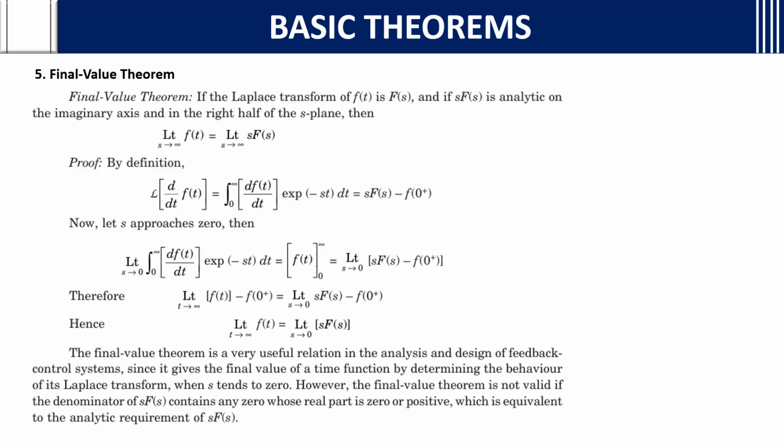Then you will get the limit as s tends to 0 of s F(s) minus f(0+), which equals the limit as t tends to infinity of f(t) minus f(0+). So the limit as t tends to infinity of f(t) equals the limit as s tends to 0 of s F(s). The f(0+) terms cancel, and you get this equation.